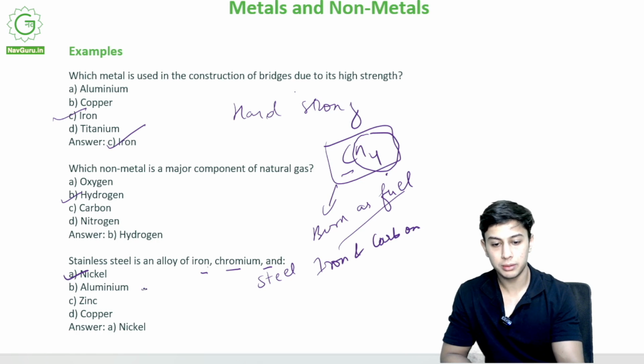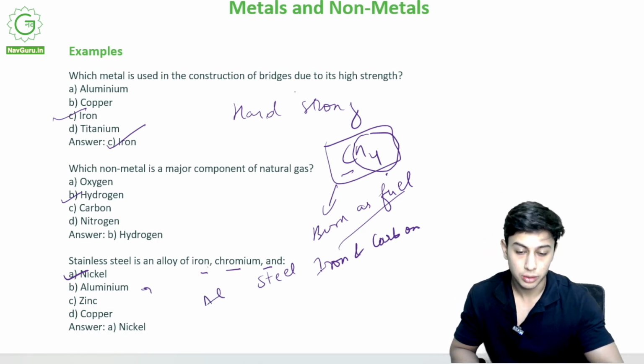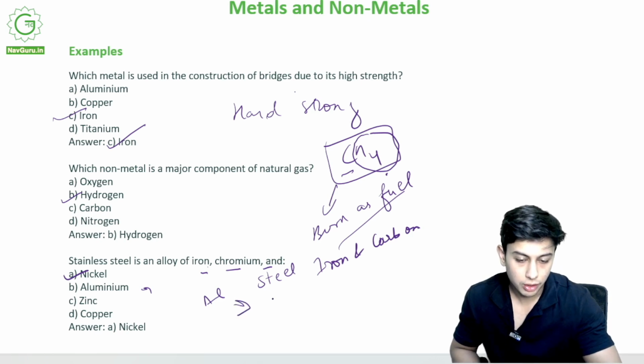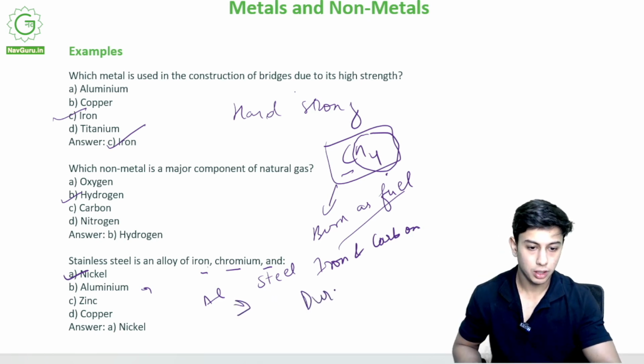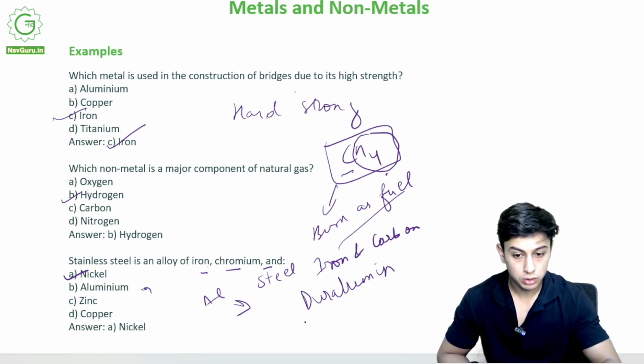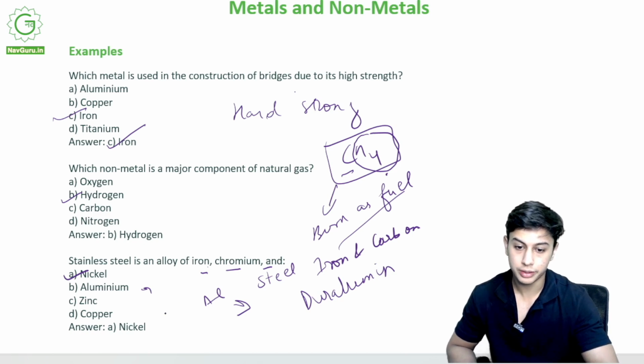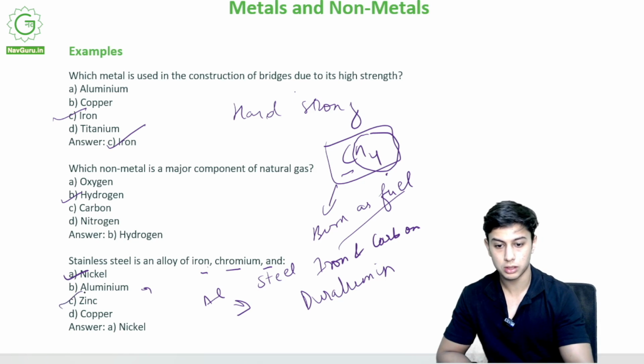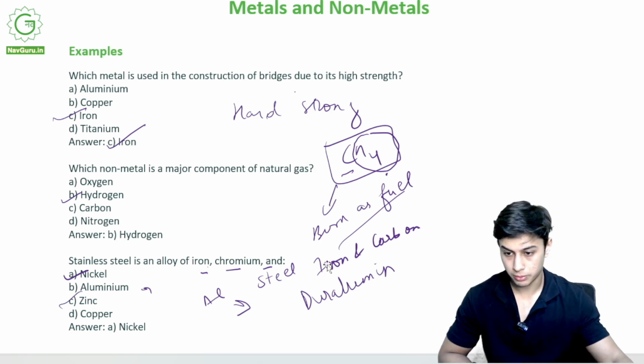What was aluminium? Aluminium is just a metal. Zinc, copper, no, some alloy of aluminium: duralumin. Now for zinc, it was bronze. Copper and zinc form bronze.